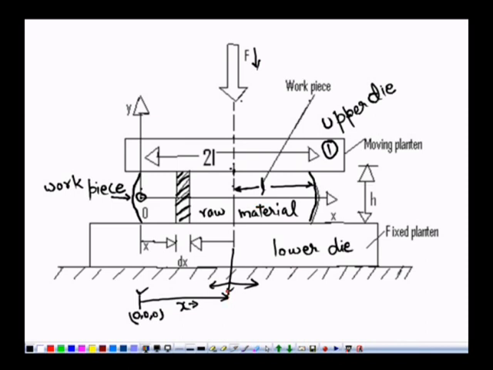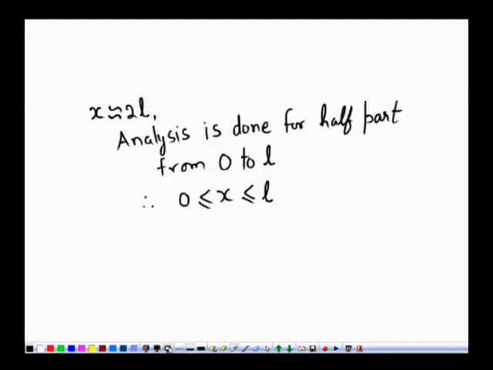Another thing that we have to consider is sliding between the workpiece and the dies.